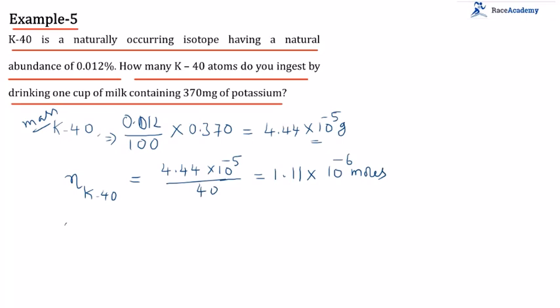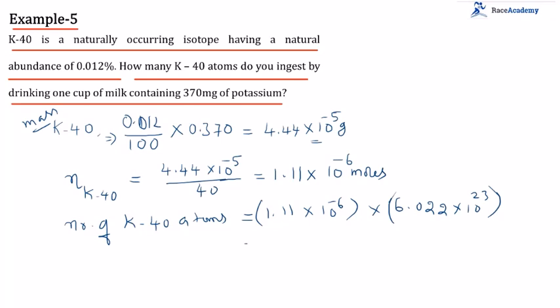Now they are asking how many potassium 40 atoms are in the question. So the number of K40 atoms will become equals to number of moles into Avogadro number. Number of moles we got is 1.11 into 10 to the power of minus 6, into Avogadro number 6.022 into 10 power 23.